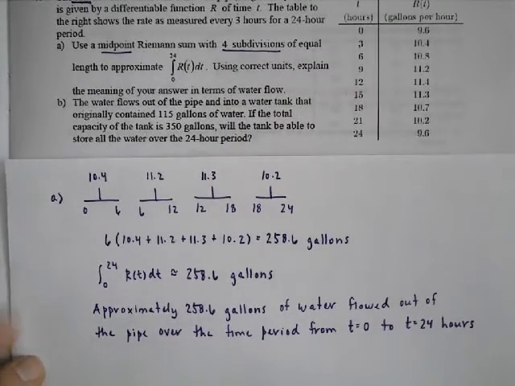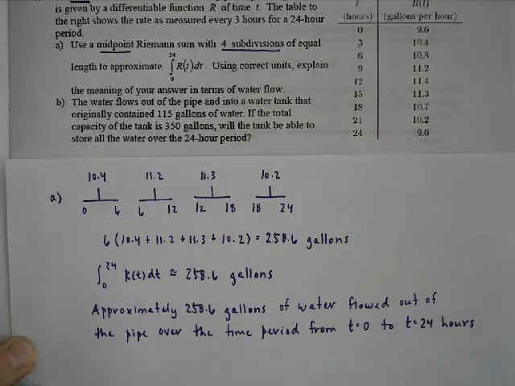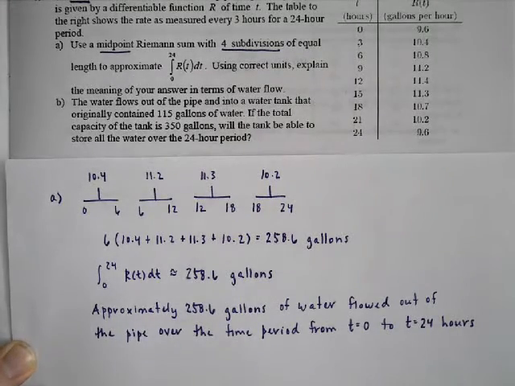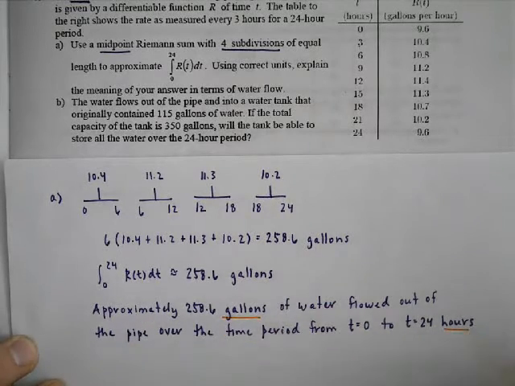Oops, sorry, that kind of ran off the page there. So when we find that answer, that's just telling us the amount of water in gallons that flowed out of the pipe over that time period. And again, we need to be careful to mention our units. So I mentioned the units for water and then the units for that time period.